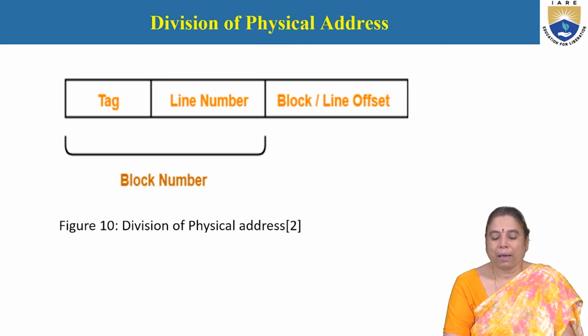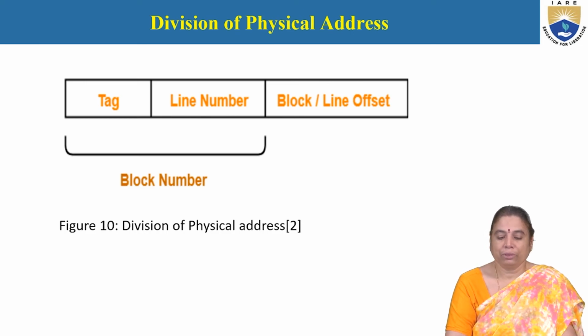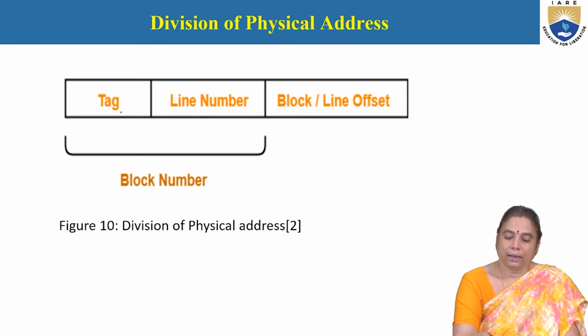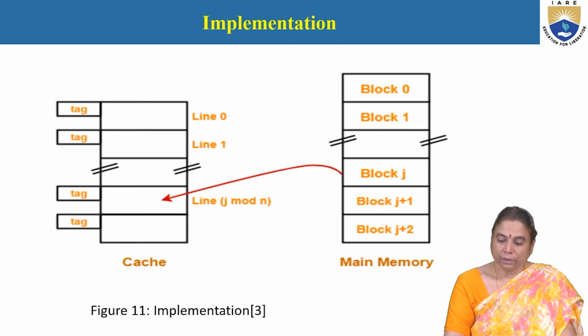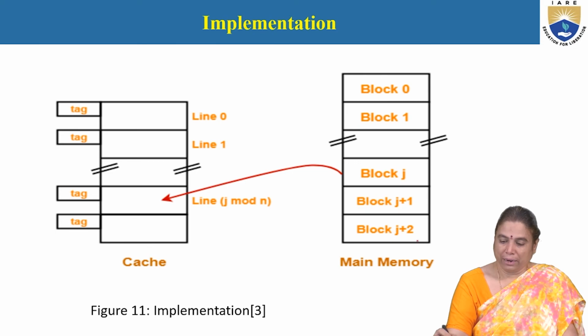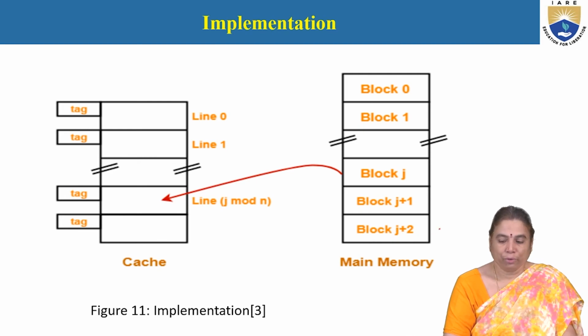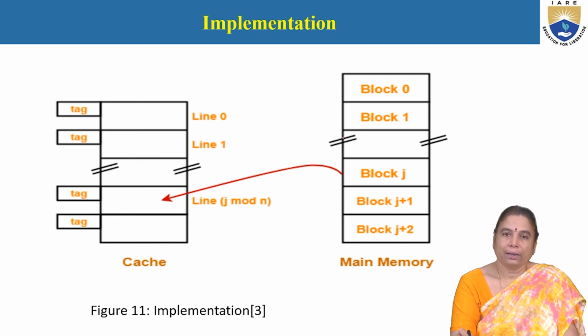So here the mapping register can have three fields. One is the tag, second is the line number. Both can be used to denote the block number, and the line offset or the block offset. Here this is the main memory, which can be divided into block 0, 1, j, and so on until block j plus 2. This main memory block can be mapped to a line of the cache.